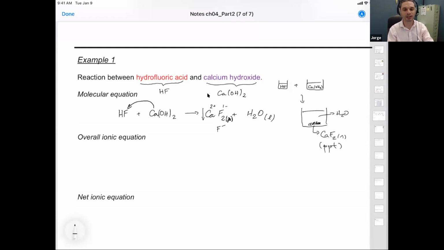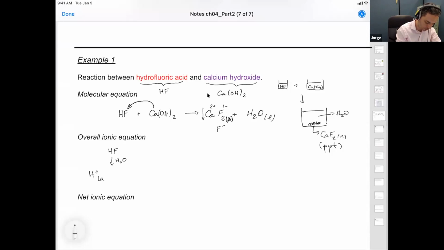Let's see what's the effect of the formation of a precipitate in the overall and net ionic equations. So now let's write the overall ionic equation for this process. Remember that the trick is always to dissolve the acid and base in water first.